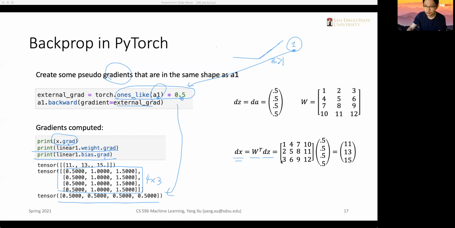When we transpose W, it will be the matrix transpose like this. All the rows become the columns. And if we, for example, take the first row and compute the dot product, or inner product, with this long vector, it will be 0.5 times 1 plus 0.5 times 4 and so on. It will be 11 eventually, right? So which means the computation is correct.